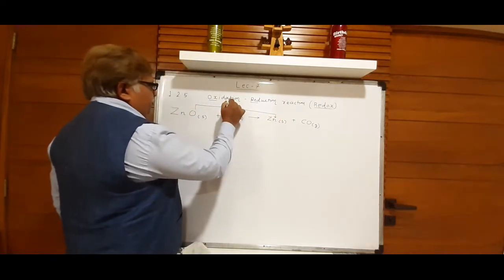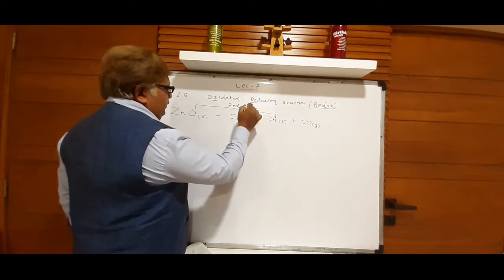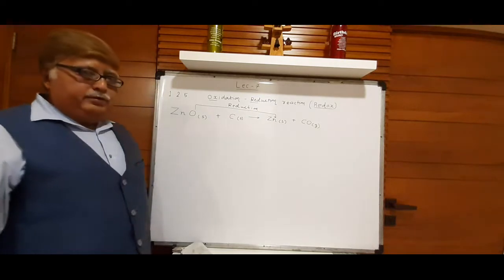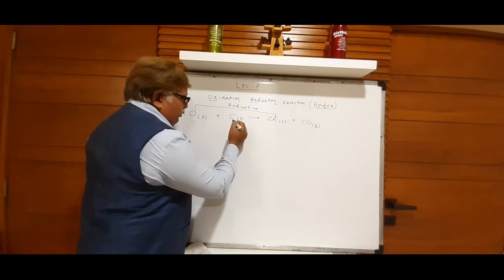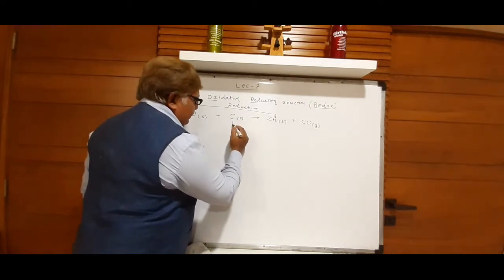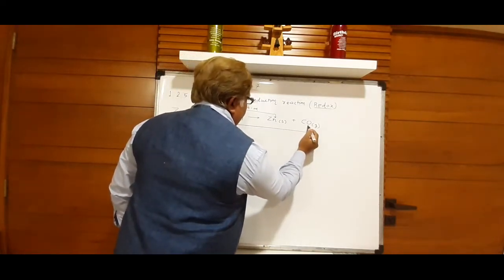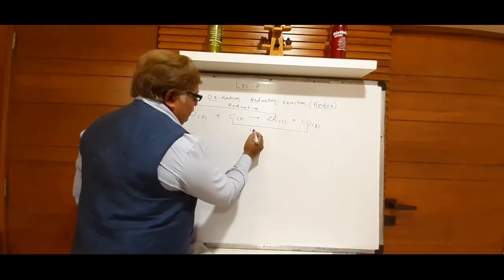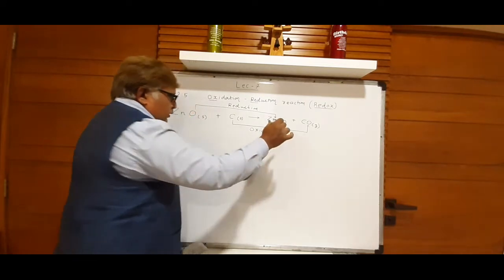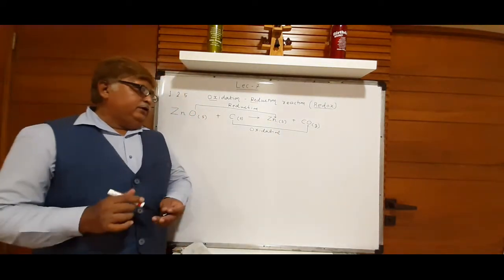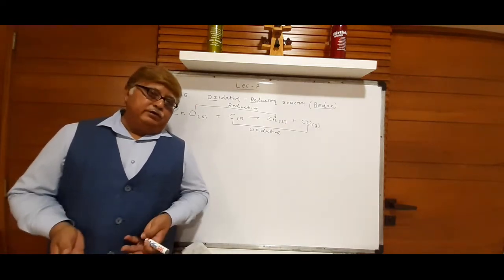So this is obviously reduction, because from zinc oxide oxygen is removed and it is converted into zinc, and coke or carbon gets oxidized to form carbon monoxide. So this is called oxidation. So my dear student, both chemical reactions, oxidation and reduction, are occurring simultaneously.